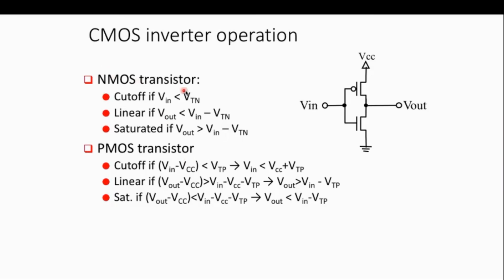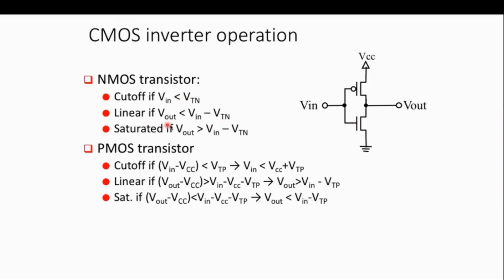When we talk about the NMOS transistor, we can see that the transistor is in such regions of operation. When your input is less than the threshold voltage of NMOS, then your device is in cutoff.